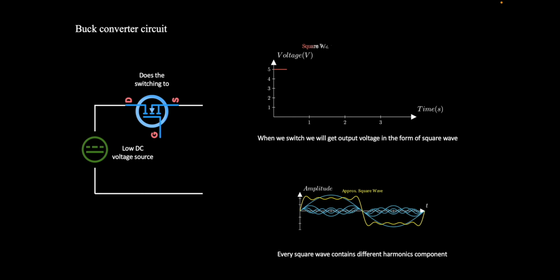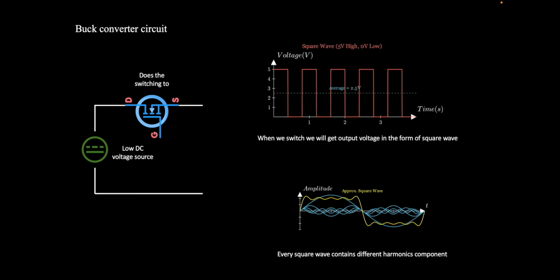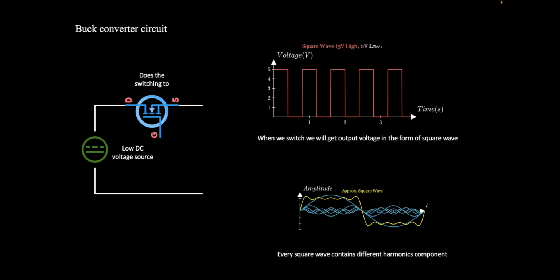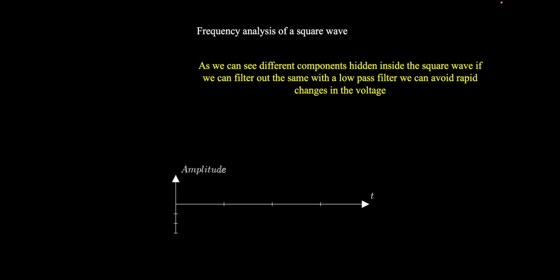You can only approximate it to the square wave because there are multiple frequency combinations that you need to adapt to build up the square wave. But in general, what we see here is that a square wave contains multiple frequency components inside it.